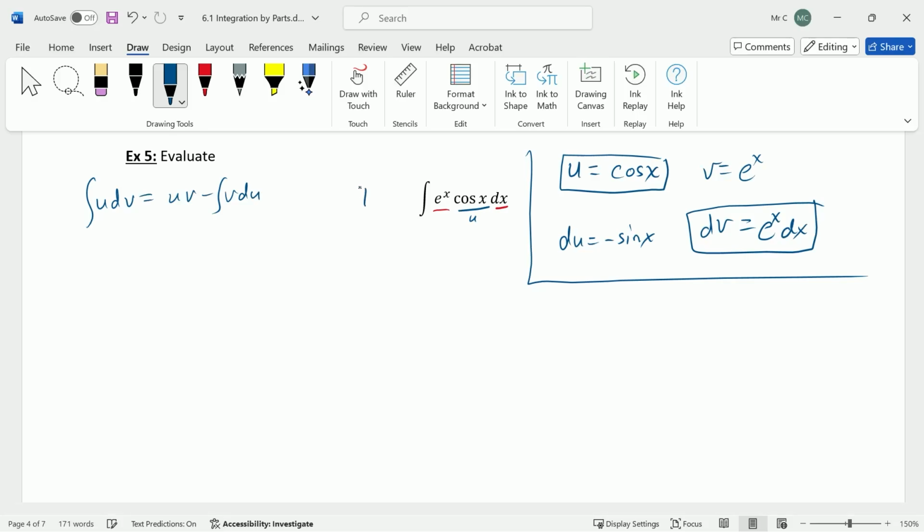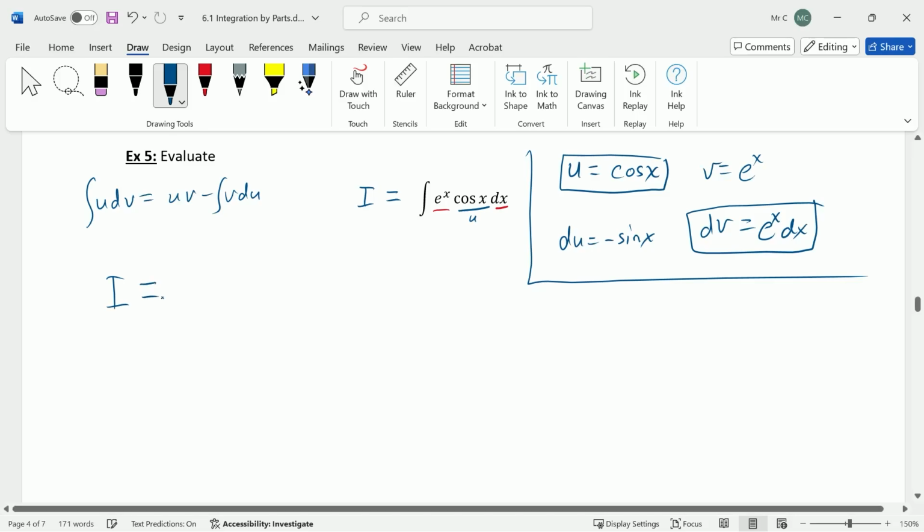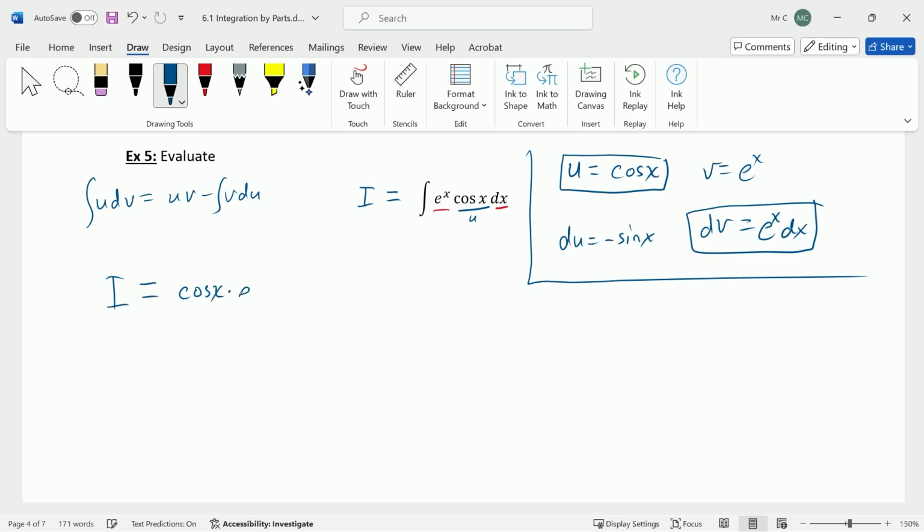And now we're going to take my integral, which is I, right? I'm calling this integral I. And I'm saying, okay, I can rewrite this with integration by parts as u, which is cosine of x, times v, that's e to the x, minus the integral of v du, e to the x times negative sine of x dx.